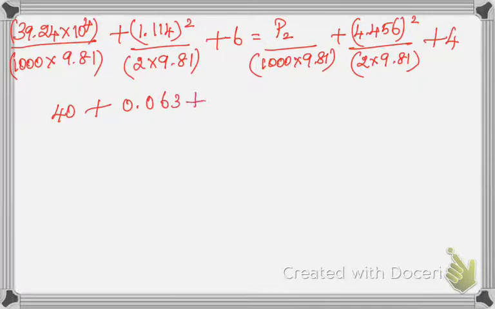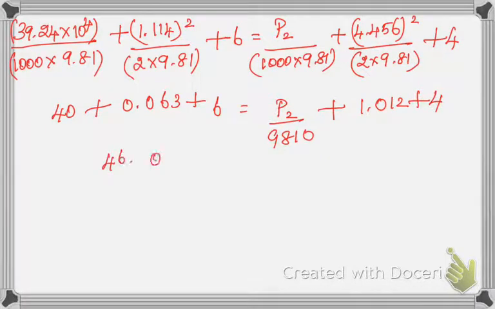0.063 plus 6 is equal to P2 by 9810 plus 1.012 plus 4. So this is 46.063 equals P2 by 9810 plus 5.012.